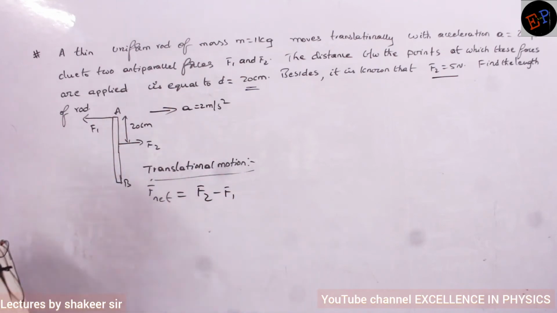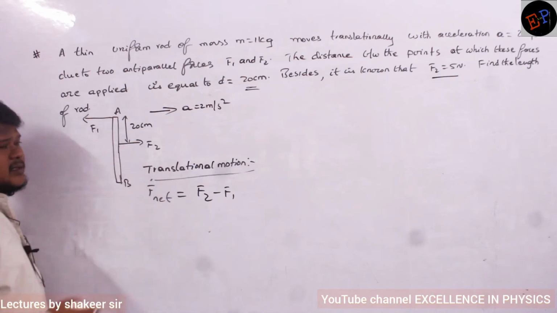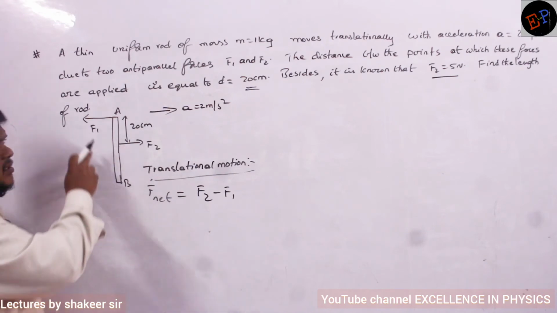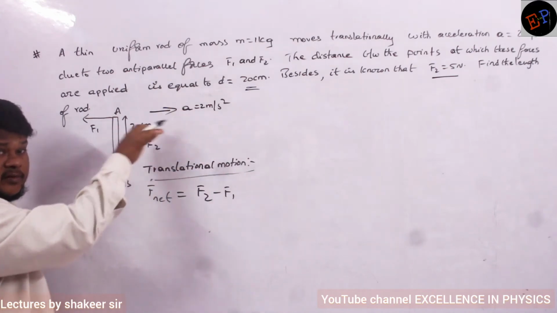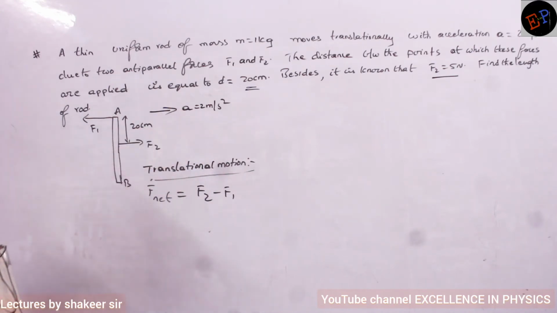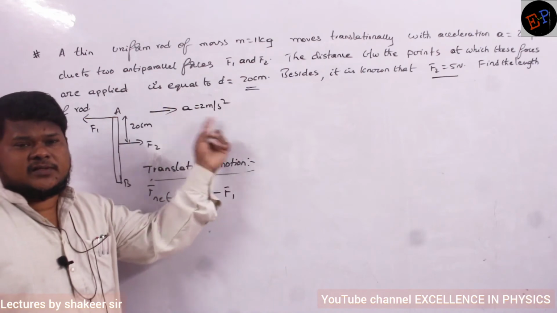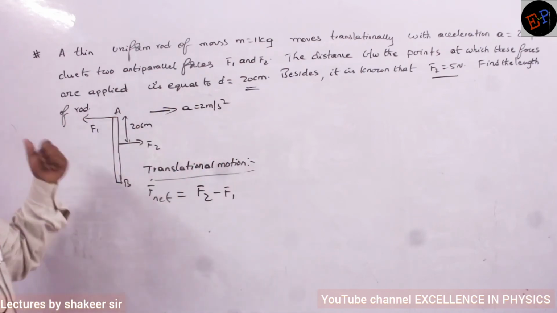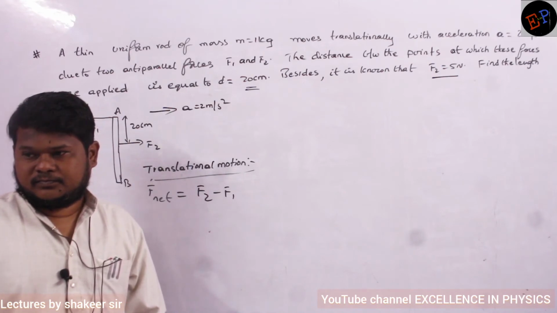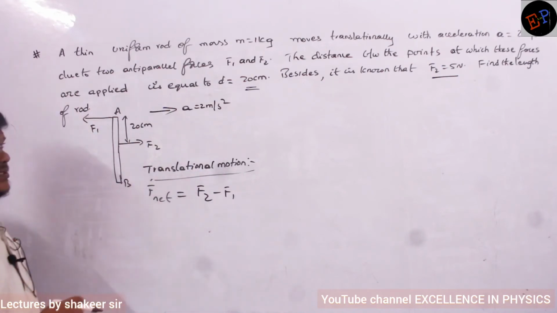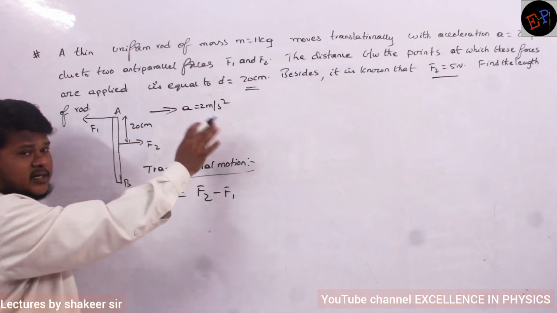Clear? See, here F1 cannot be greater than F2. The direction of acceleration he did not give. I assumed that it goes in this direction. How did I assume that the rod is moving in this direction? Why can't I say the rod is moving in the opposite direction? The question is, this acceleration direction he did not give.